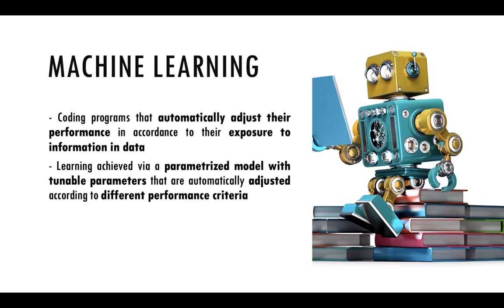We can then say that the algorithm acquires the knowledge of some set of observations, and when new observations come, the model can classify or identify these new elements according to the knowledge it has acquired. Okay, so this is the general principle.